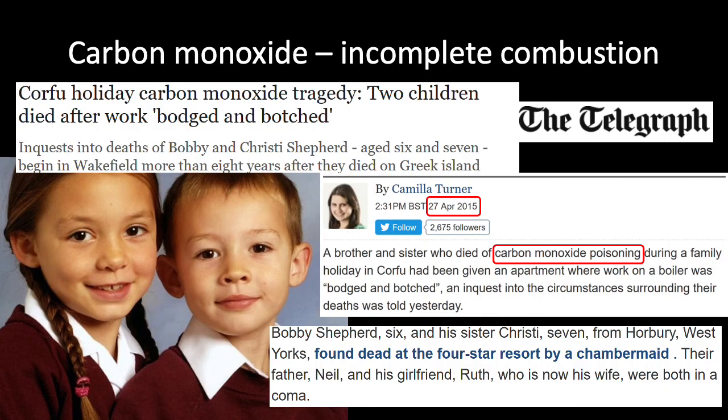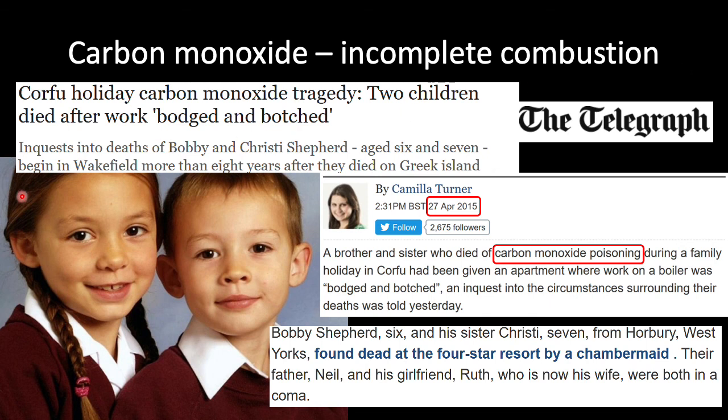Okay, carbon monoxide then. Carbon monoxide occurs from incomplete combustion. Carbon monoxide is an odourless, tasteless gas. If the room you're sitting in now was full of carbon monoxide, you wouldn't know about it.